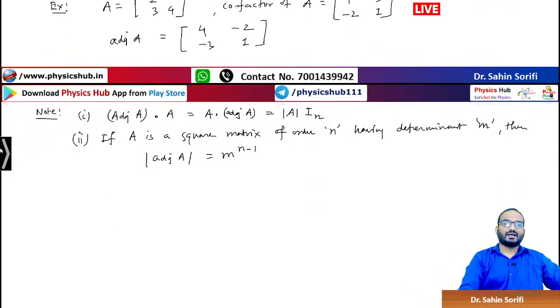Now once we get the idea of the adjoint, we can find the inverse of a matrix.